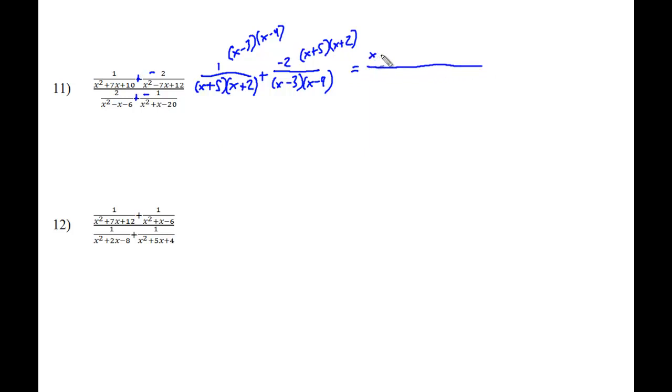This is going to be x minus 3 times the quantity of x minus 4 minus 2 times the quantity of x plus 5 and x plus 2 all over this, which is x plus 5, x plus 2, x minus 3, x minus 4. That's my numerator. Now, I'm going to have to really work to get this pared down a little bit, because some people might think, well, can't I just cancel out these pairs?